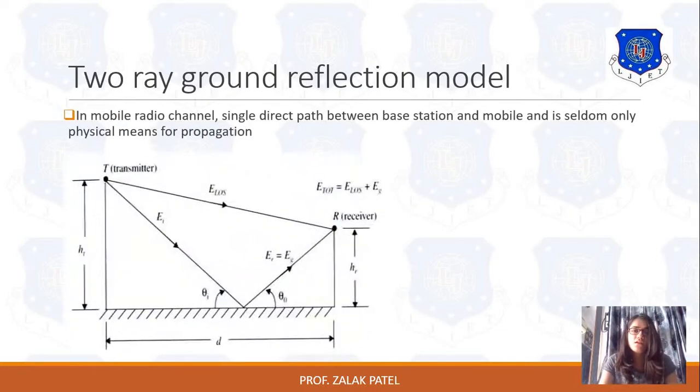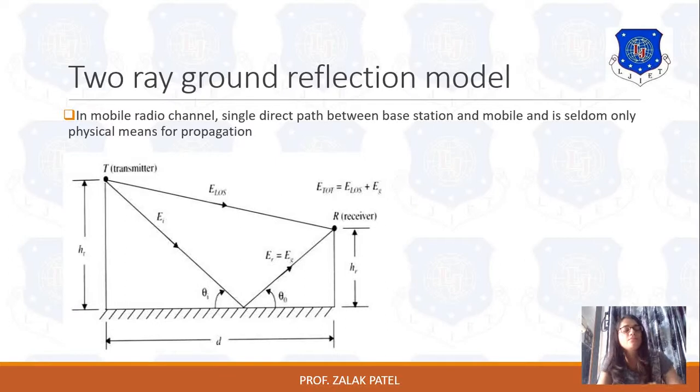Consider this figure. Here you can see the transmitter and receiver are shown. Here there will be some obstacle present. Due to this obstruction in the path, theta I and theta r will be there. Theta I is the incident angle, theta r the reflected angle.